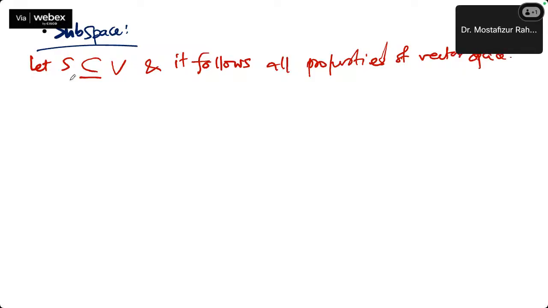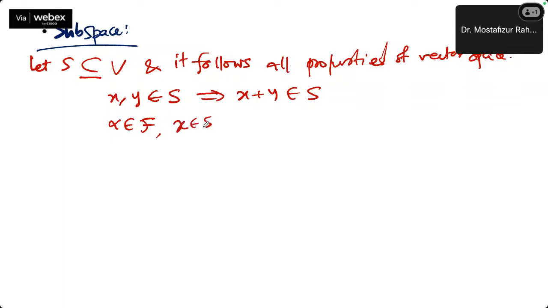So S is a subset of the bigger set V, and it has to obey all the properties of the vector space. That means if there are two elements x and y belonging to the set S, then x plus y should also belong to S. And if there is some alpha belonging to the scalar field F and x belongs to S, then alpha times x should also belong to the set S. That's all.